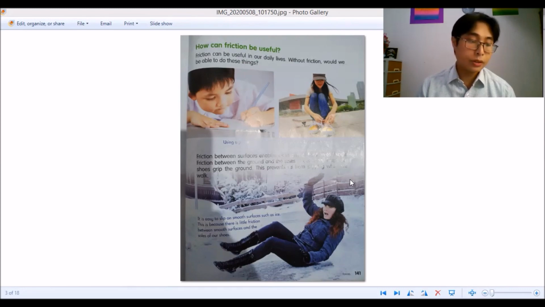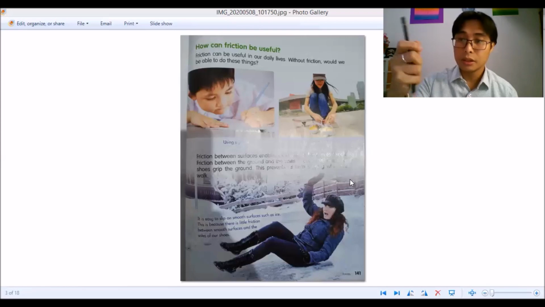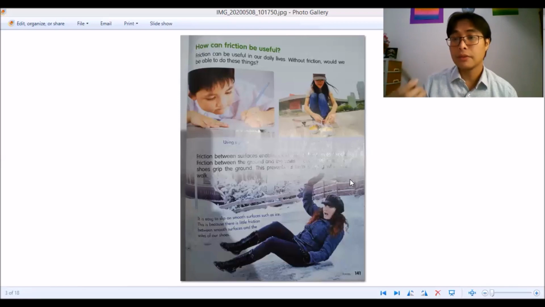So friction between surfaces enables us to grip or hold onto things. So for example, holding a pencil. If there's no friction, it will easily slip away from our hands. But because of friction, we can hold things and grip many things.